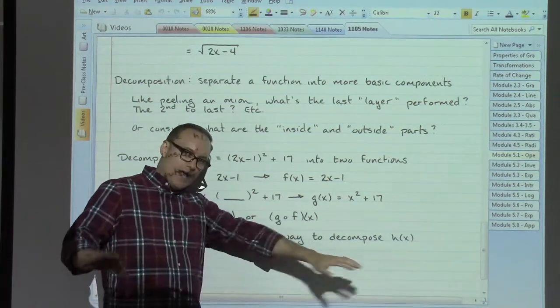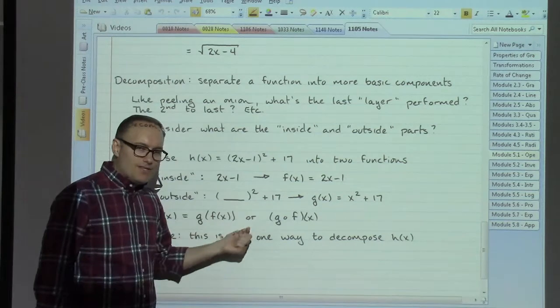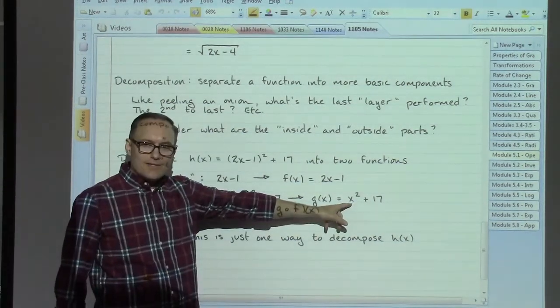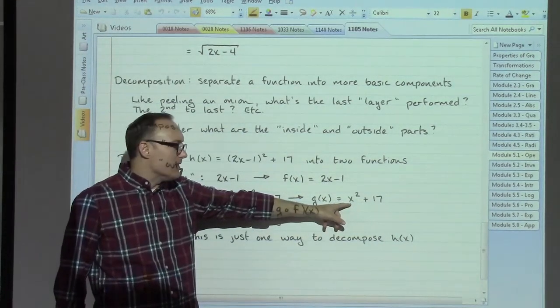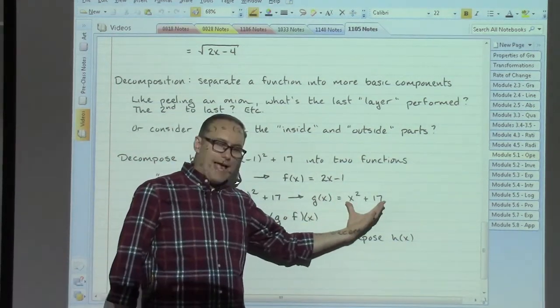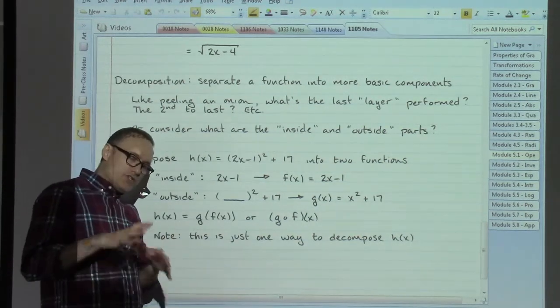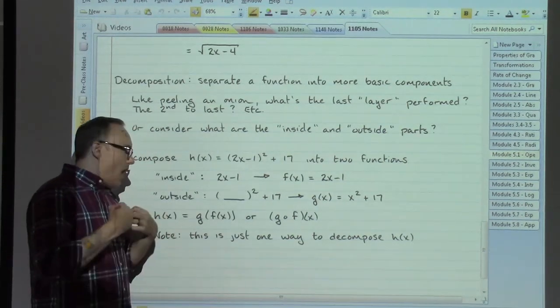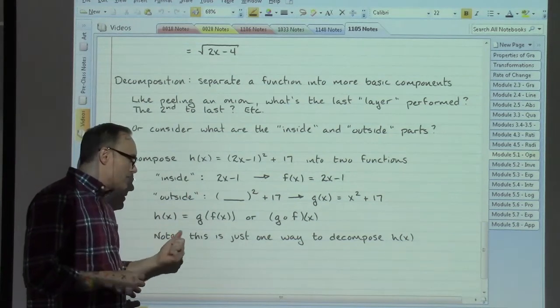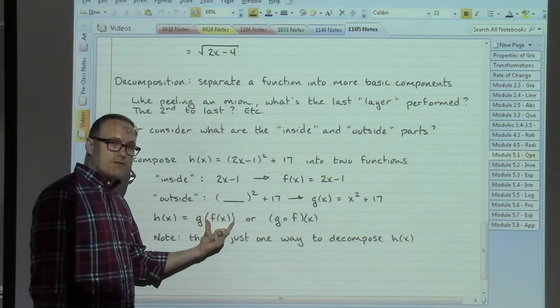So the simple way to streamline that, instead of having anything fancy inside the parentheses anymore, we're just going to have a regular old x squared plus 17. So we can have this separate function, g of x, is x squared plus 17. And that would mean that for the composition and the way that we've named things, our function h of x is going to be based on g of f of x.